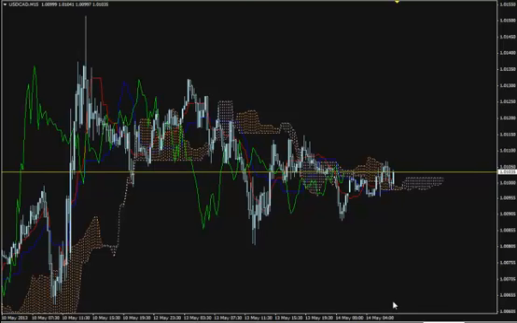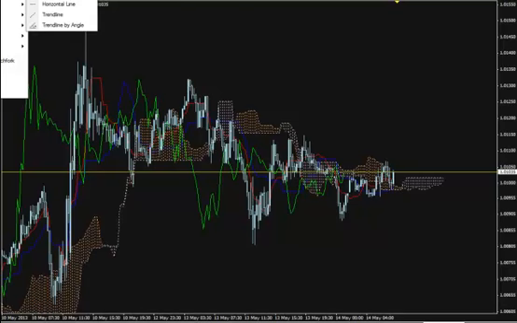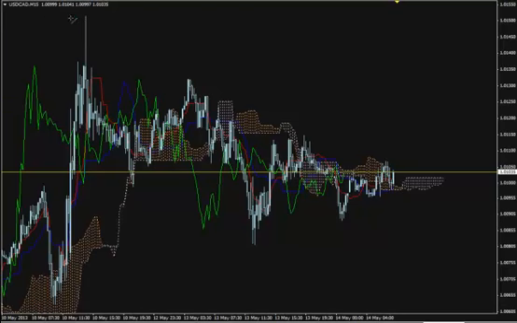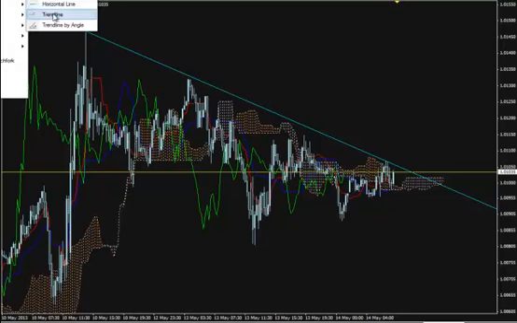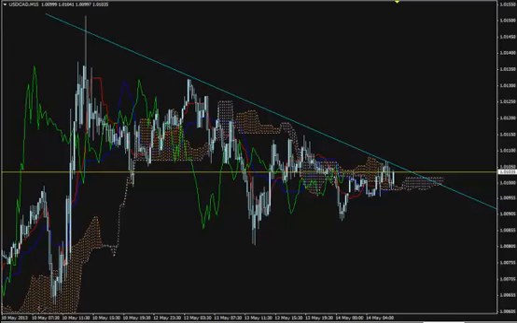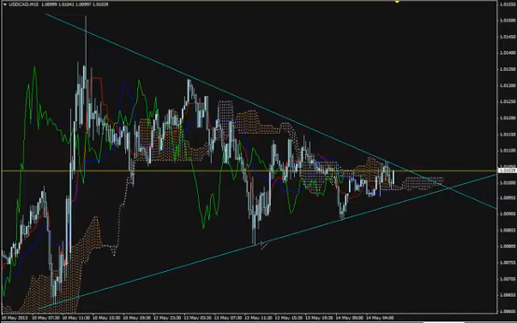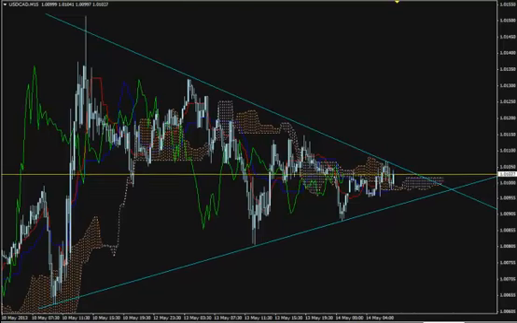And we see on this chart that the pair has been in a consolidation phase for a while. Let me insert the trend lines to help you see the triangle here. And that means we should expect a breakout at any moment, and it may be a very strong one.